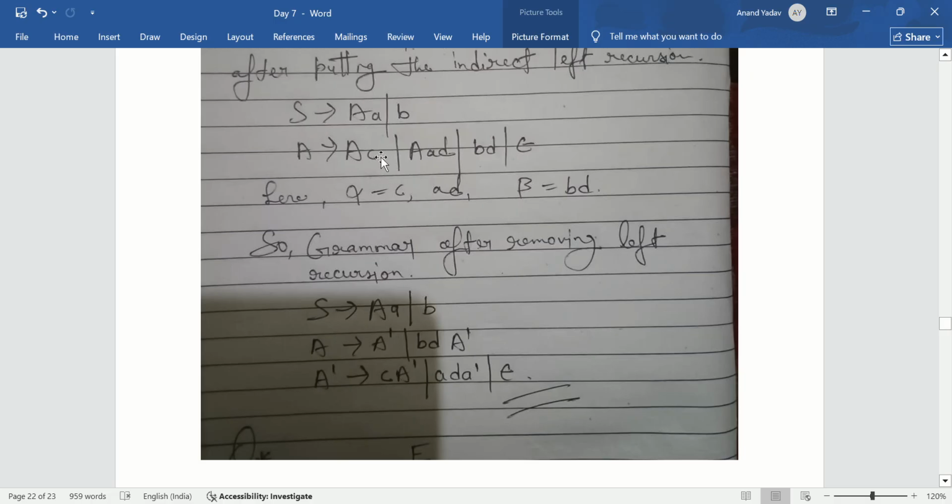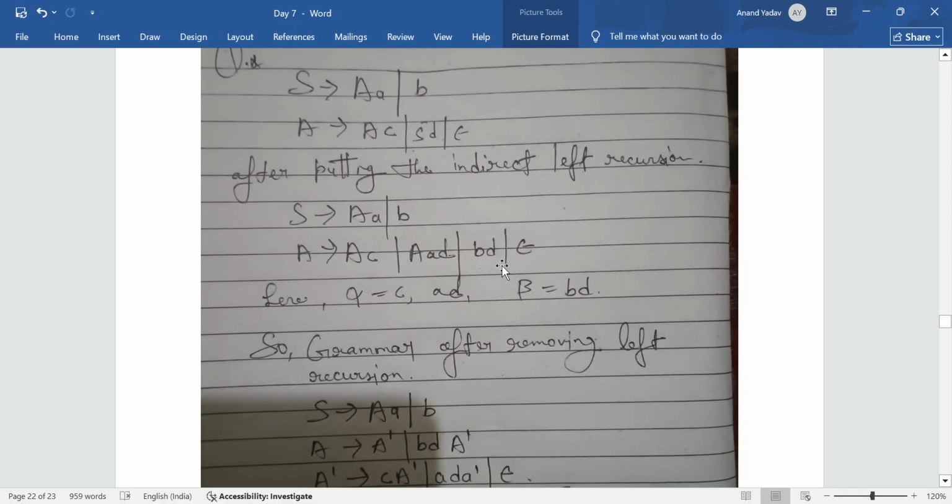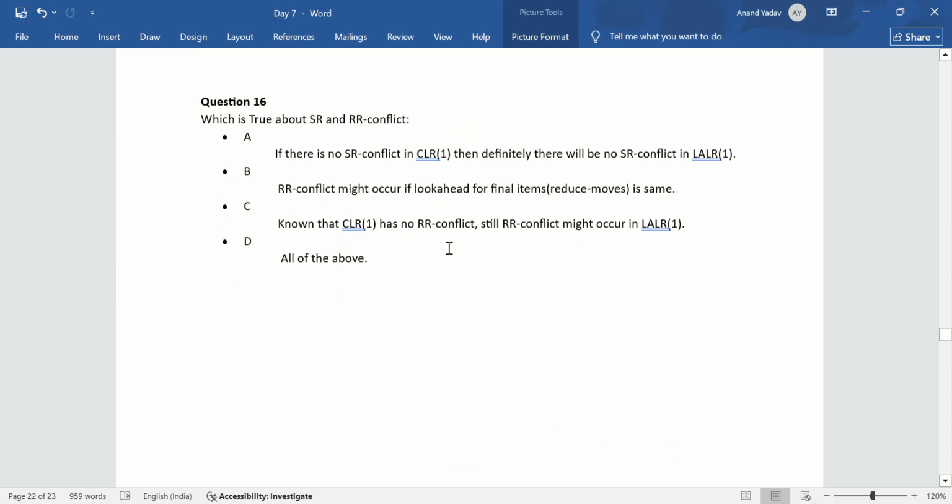Then A dash goes to C A dash and AD A dash and epsilon. There is a mistake here, here is A dash, here is A dash. So in this way I solve this question, I removed the left recursion.